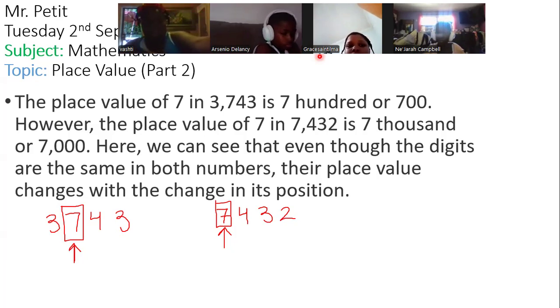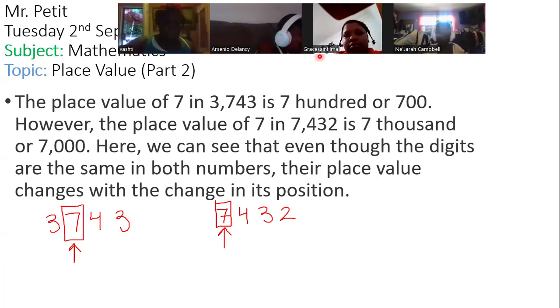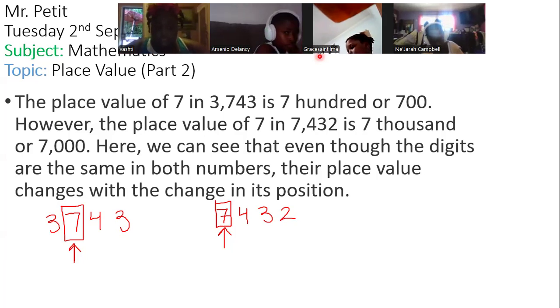So we're looking at the position of digits, Vashti. We have the ones place, right? What comes after the ones place? The tens, very good. And what comes after the tens? Hundreds. Very good. Campbell, what comes after hundreds?